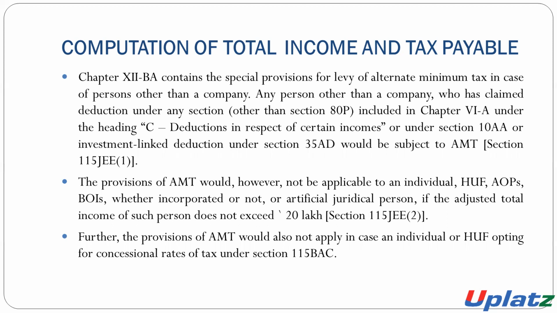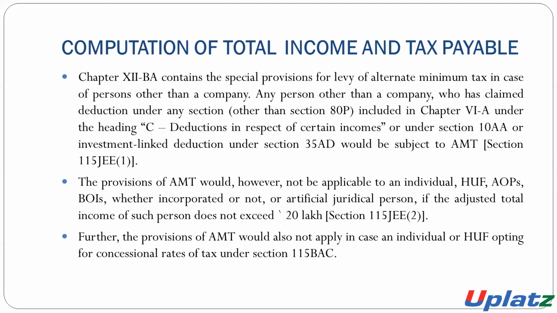Any person other than a company who has claimed a deduction under Chapter VI-A under the heading C, deductions in respect of certain income, or a deduction under section 10AA, or an investment-linked deduction under section 35AD, would be subject to AMT.